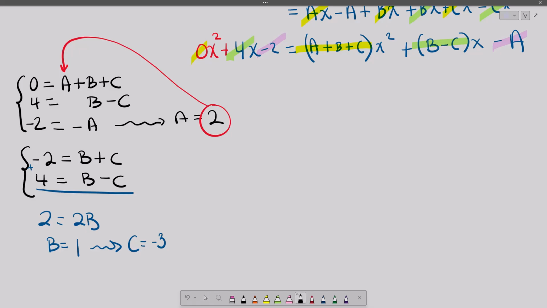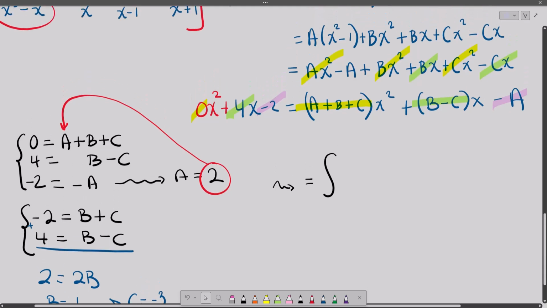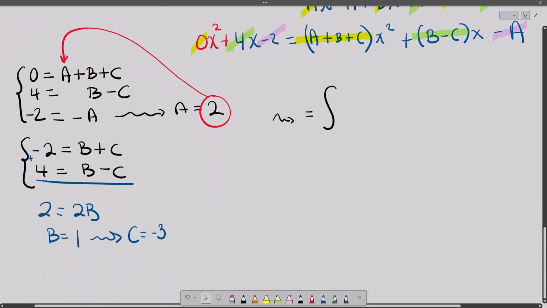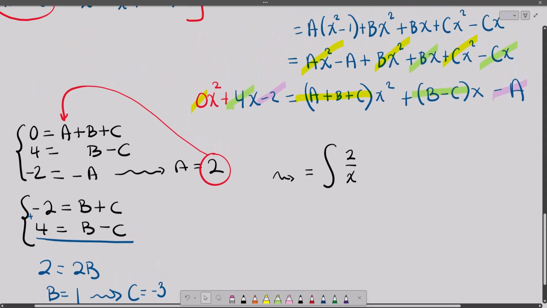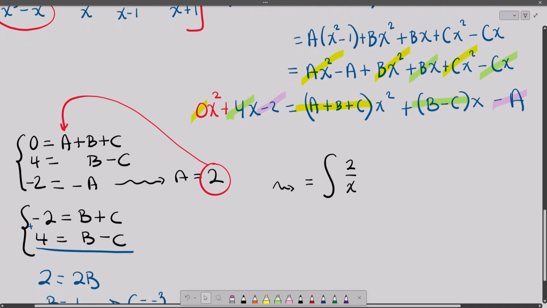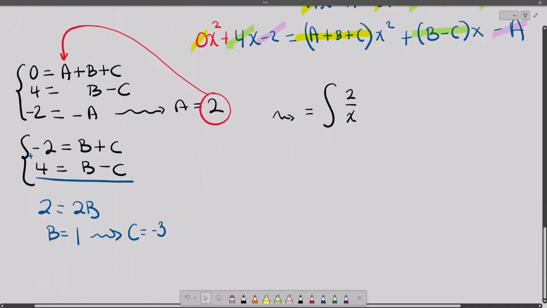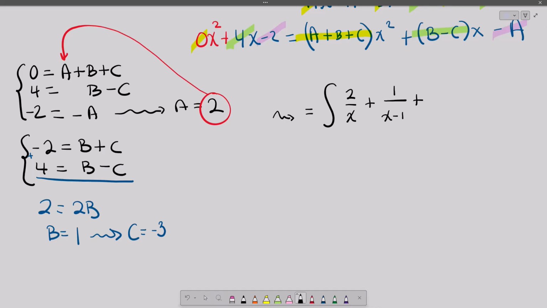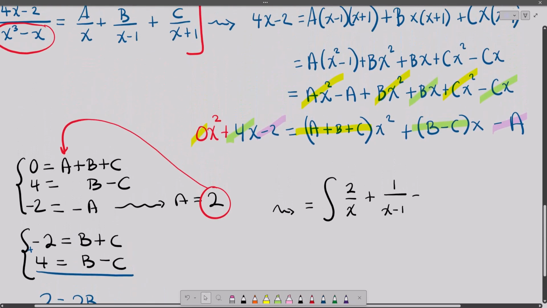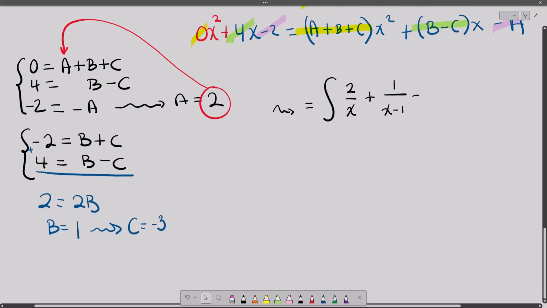Now we are at the integral of A over X, and A was 2. And then B over X minus 1. So B is 1. And then C over X plus 1. C is -3, so we'll have this.